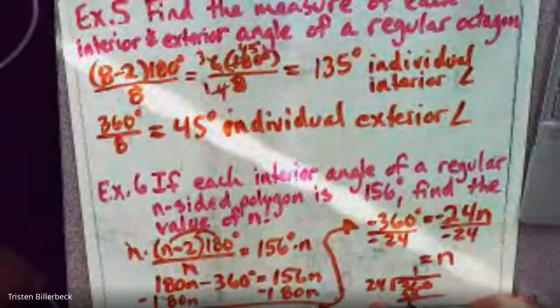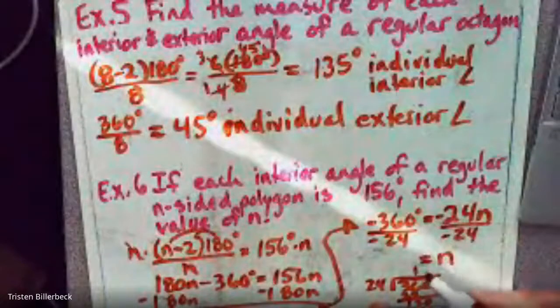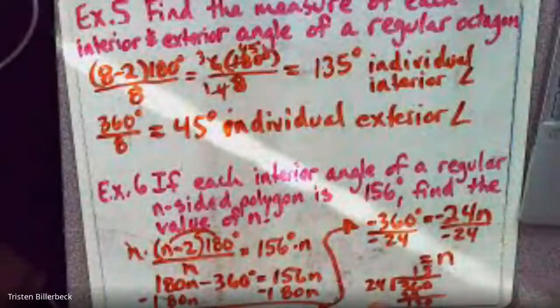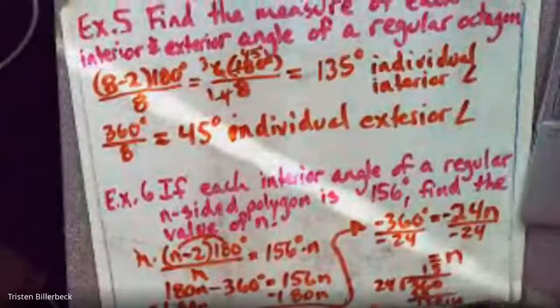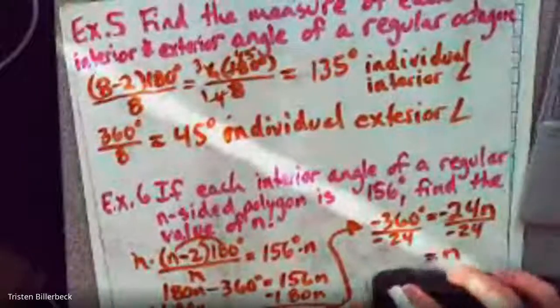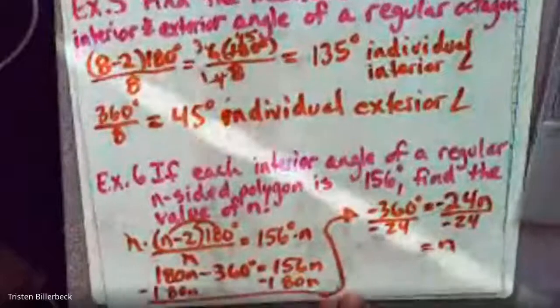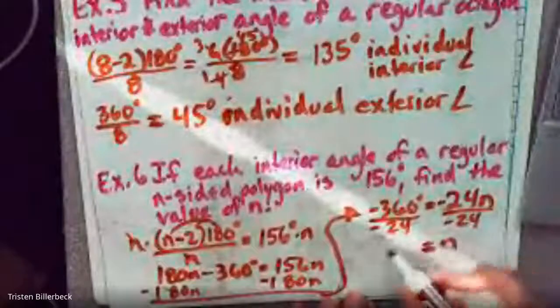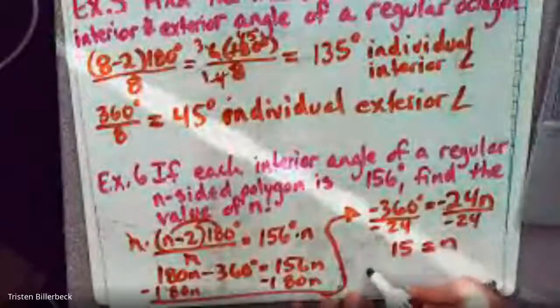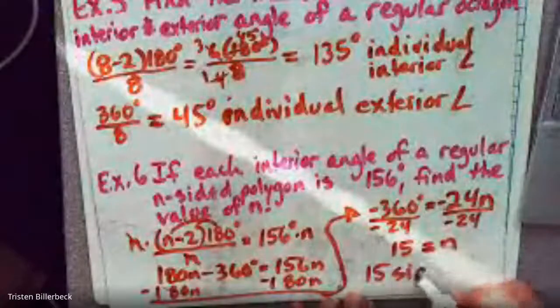Then we have 120, so that's got to be 5. And 5 times 24 is 120, so it is. So n has to be 15. So we have 15 sides.